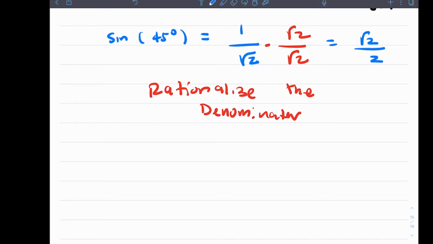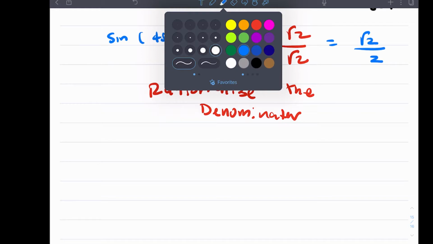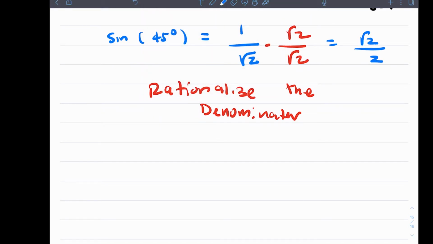So the denominator is rational. You say, what do you mean rationalize? You see this square root of 2? That's irrational. You see this 2? That's rational. So this is the rationalize the denominator process. We worked with this actually last week as well. You guys remember? We went over these kind of things. So ladies and gentlemen, there you go. Sine of 45 is the square root of 2 over 2.